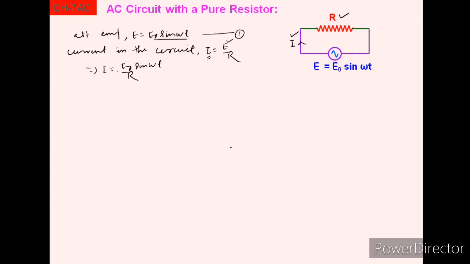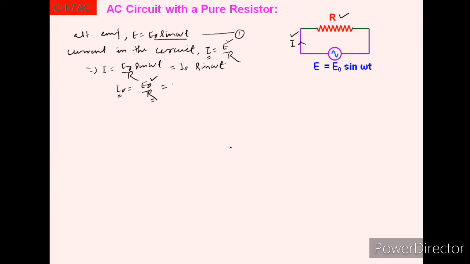Now this E naught by R can be represented as I naught sin omega t, where I naught is equal to E naught by R, because E naught represents the maximum EMF. So when we divide the maximum EMF by the resistance, obviously we will get the maximum current.